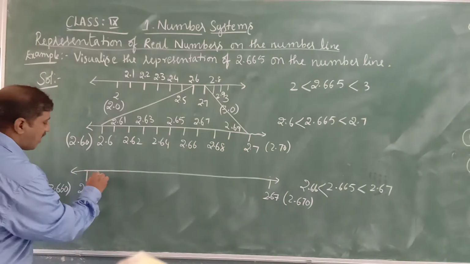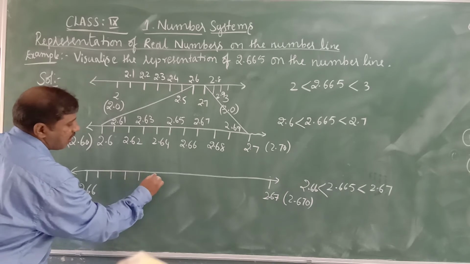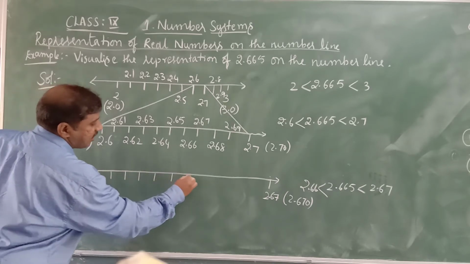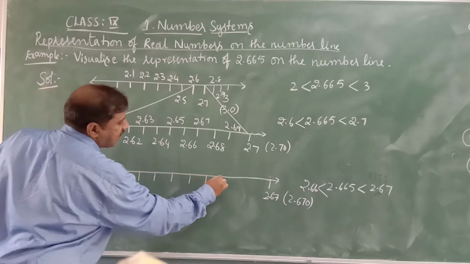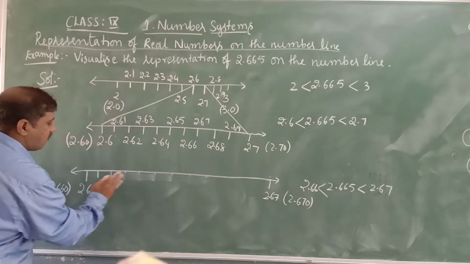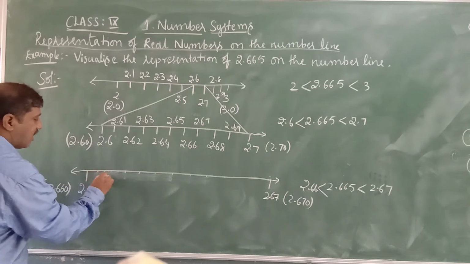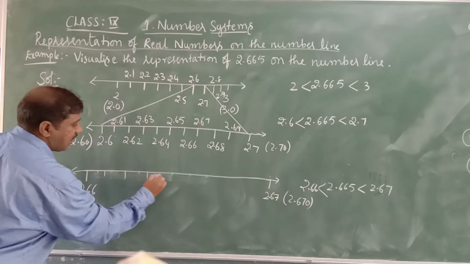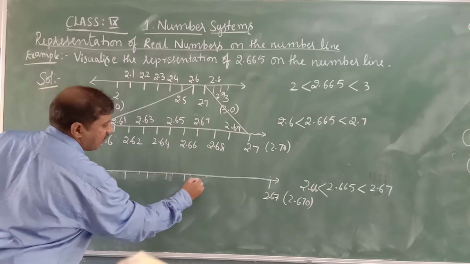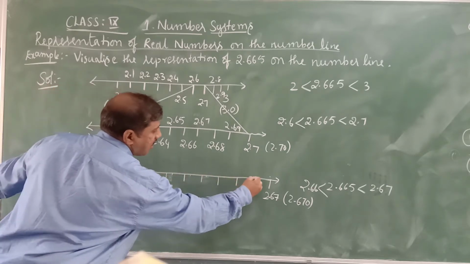Now the space between 2.66 and 2.67, you divide into 10 equal parts. Take it a little bigger so that we can represent it.